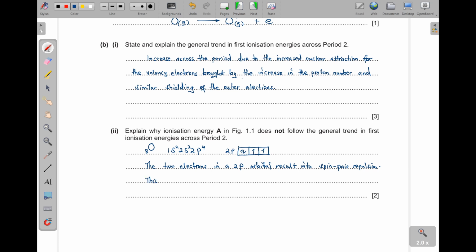This outweighs the increased nuclear charge. Remember, there is an increased nuclear charge. You have added on protons to the nucleus. So this one reduces the nuclear charge, okay? This outweighs the increased nuclear charge, and therefore it becomes very easy to remove an electron from there. So the ionization energy has to be a bit lower, okay?